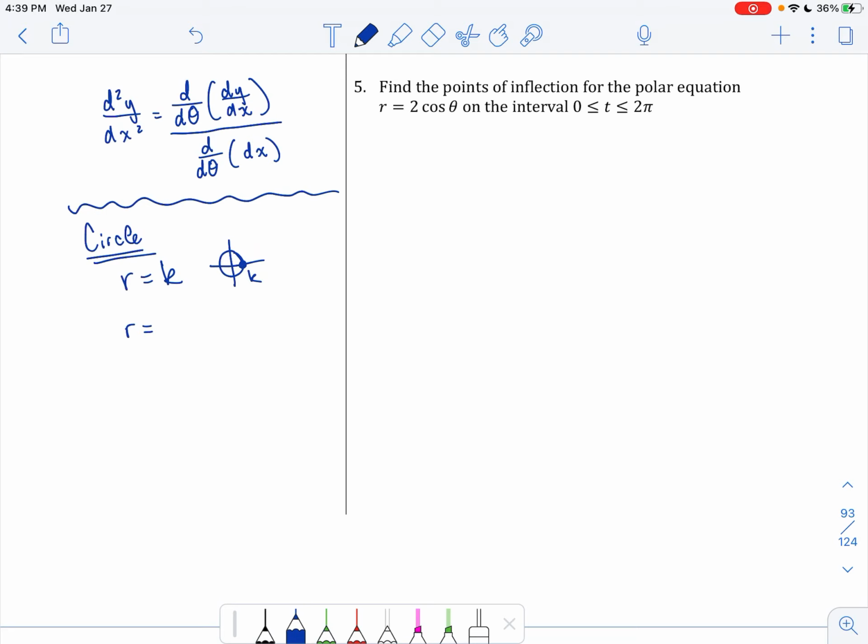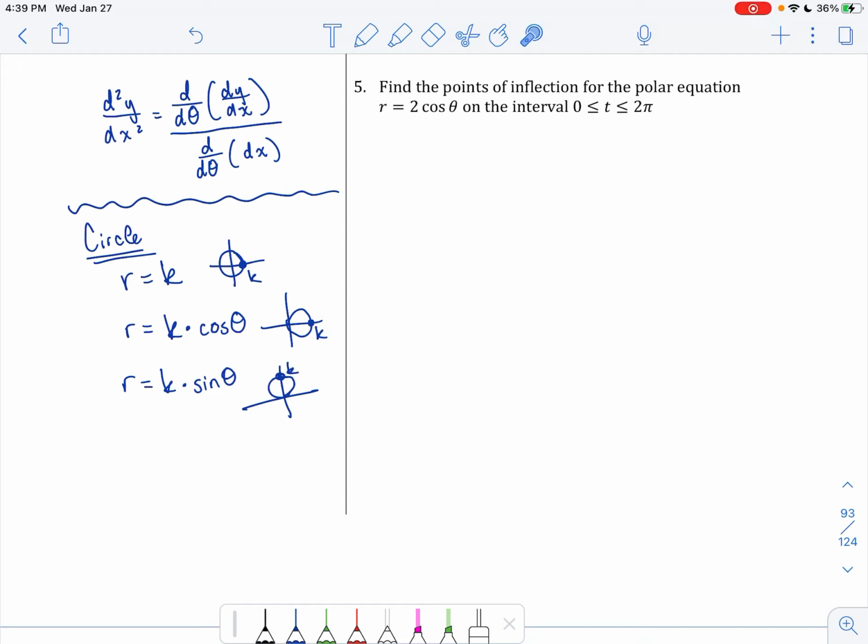You also will have a circle if you have something times cosine of theta, and what that's going to look like is a circle on the x-axis here, where the diameter is k, and similarly, if you have k times sine of theta, that's going to be on the y-axis, again, where diameter is k, like that.